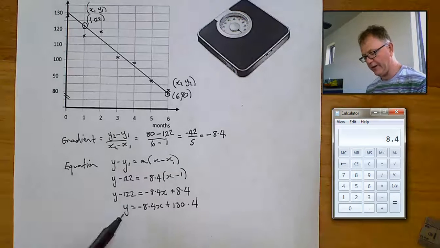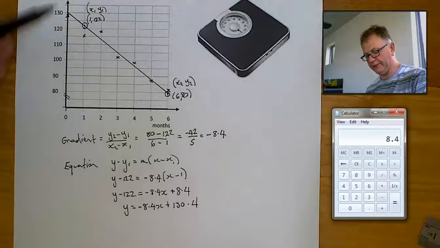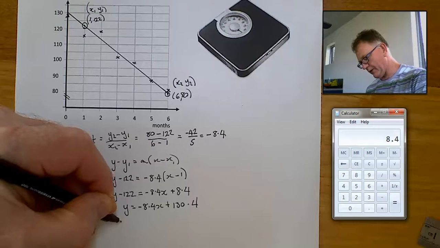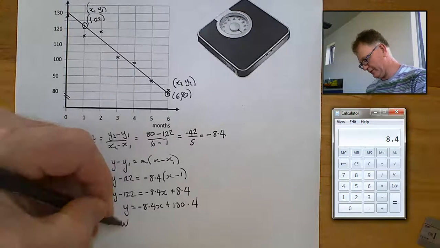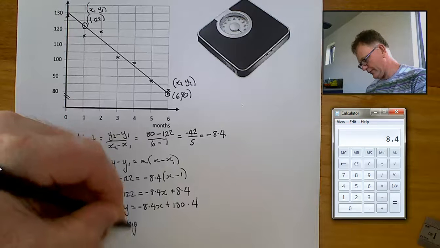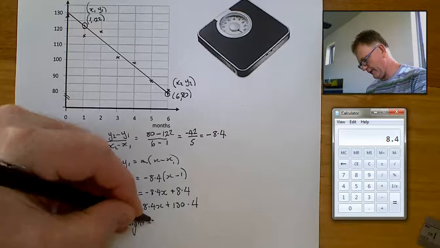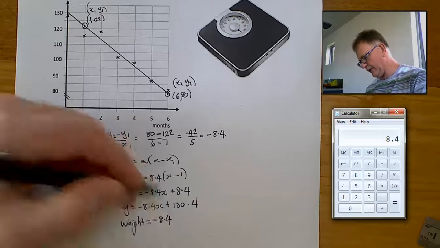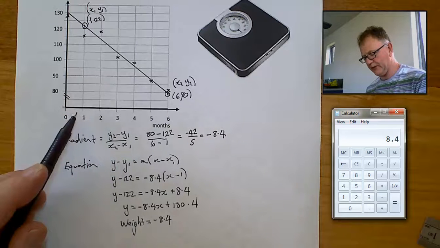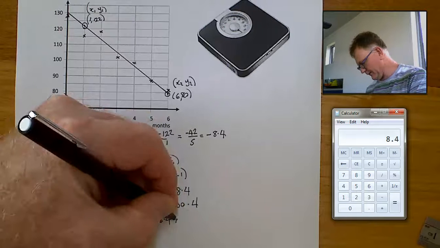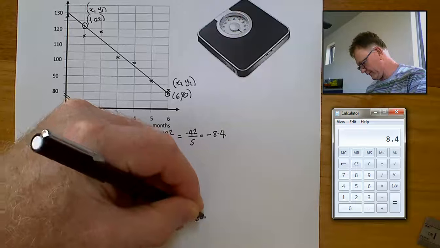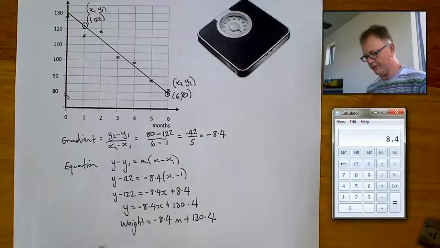Now on the y-axis I was graphing weight, so I can swap y for weight. I can even write it as a whole word if I want to. Weight is equal to negative 8.4, and on the x-axis we had number of months. I'll just write m. There's the equation. This equation will tell you the weight of the patient if you know the number of months. By substituting in any number of months, you could work out the weight.